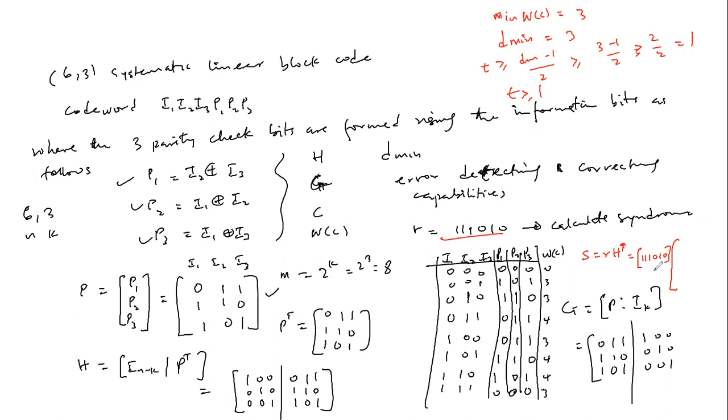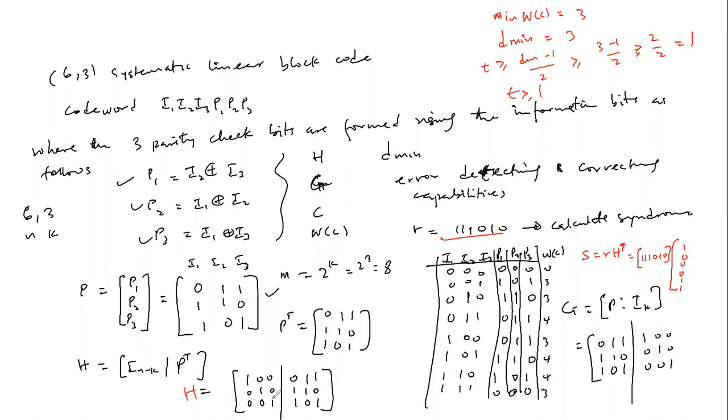So I'm going to multiply by the transpose of the H, the parity check matrix. So that's 1, 0, 0, 0, 1, 1.